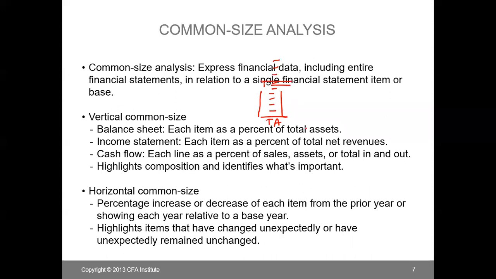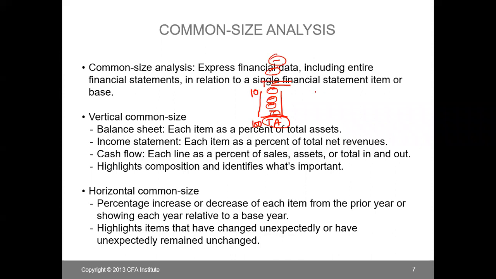But in vertical common size, what is done, all the liabilities and shareholders' equity numbers, and all of the assets are expressed in terms of the total assets. So how? Say, for example, total asset is 100 and cash is 10 taka.